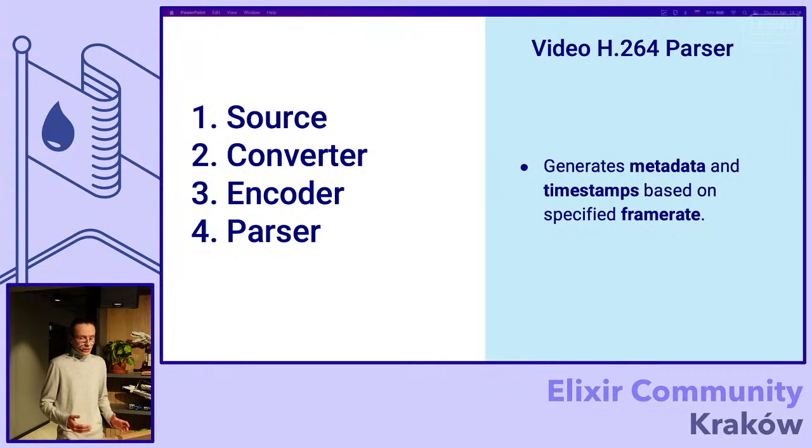If you have 30 frames per second, it means that when we receive this stream, each frame is marked with this timestamp, and the browser or the client can easily understand where and when to put this frame. This is the function of the video parser. There we can have some parameters, like delivering more frames or fewer frames, but it's not really important now.